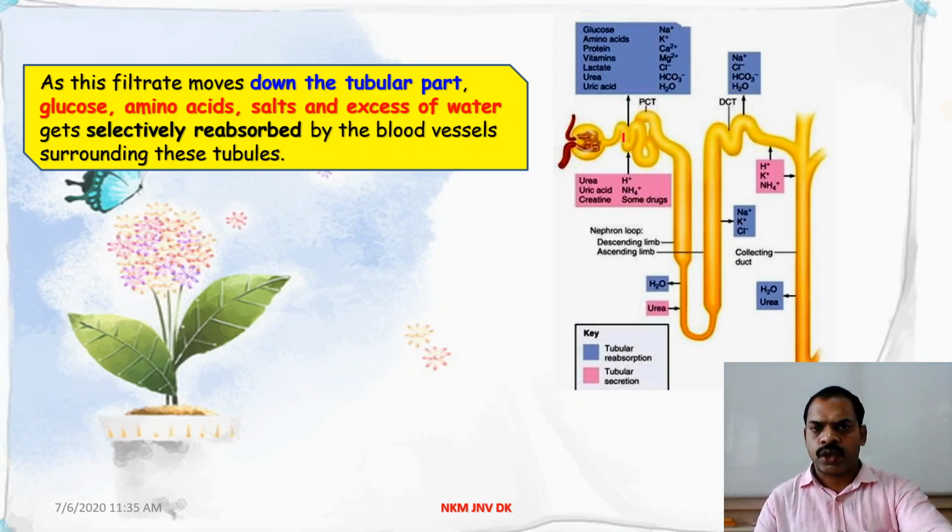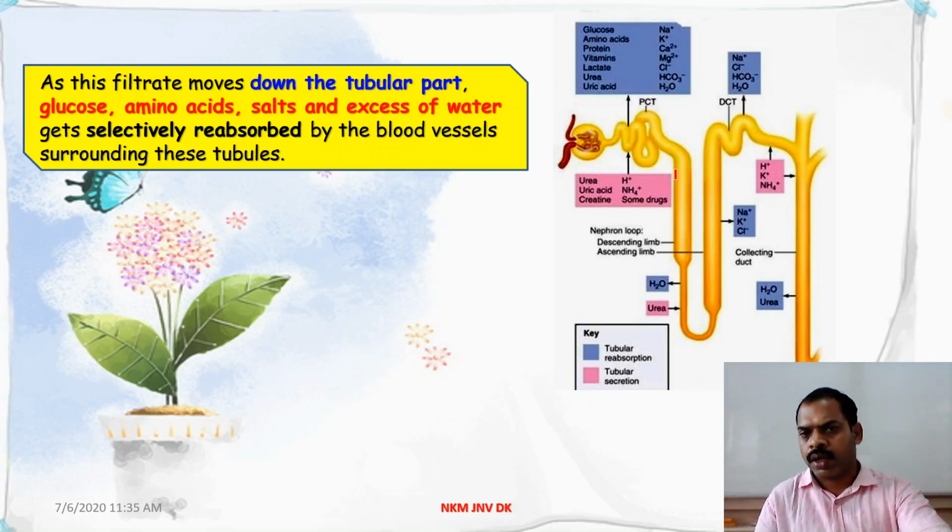When the filtrate is passing through this tubular part, this is where glomerular filtration takes place, we know. When it is passing through that, we don't want to lose the glucose. We need glucose, we need amino acids, we need minerals. So these components we will reabsorb.